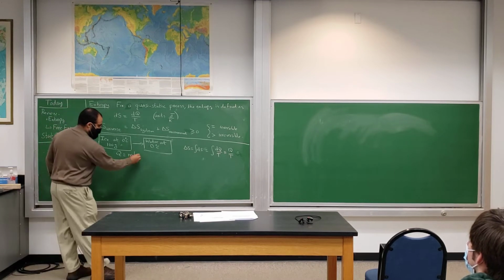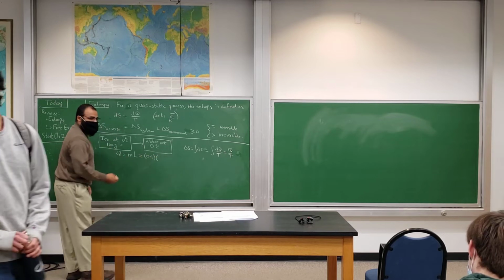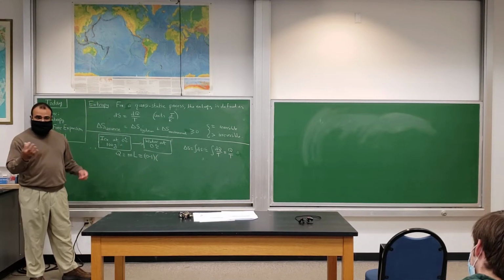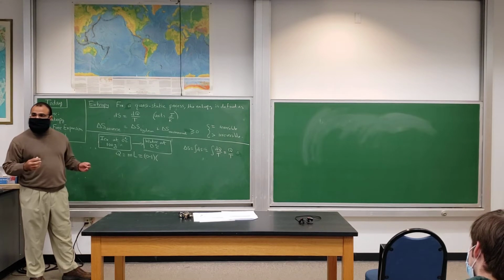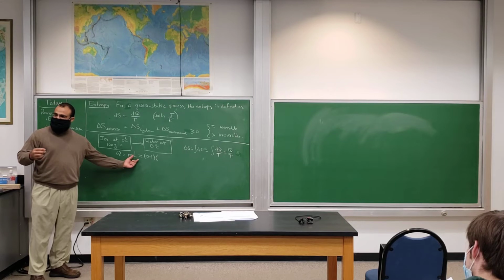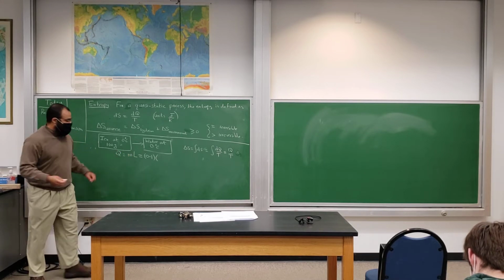So 0.1 for the mass, and the latent heat is a number that is given to you, or you look it up. In a quiz, of course, I will give it to you, because you cannot look it up. So it turns out it's 333 times 10 to the, I think, 3.